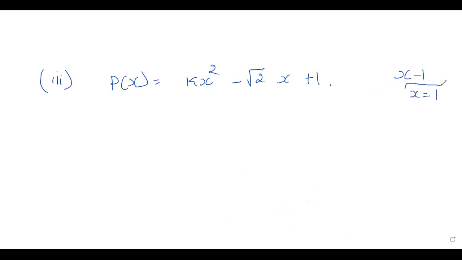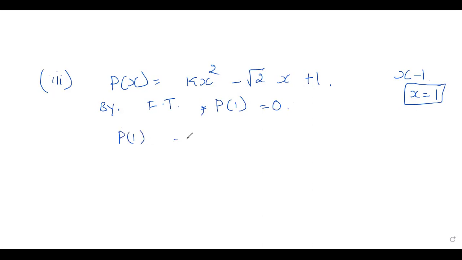Next, third one, children. P of x is equal to kx square minus root 2x plus 1. So the factor is x minus 1, that is x equal to 1. Substitute the value. By factor theorem, you should not write FT, you should write the full form. Factor theorem, P of 1 is equal to 0.